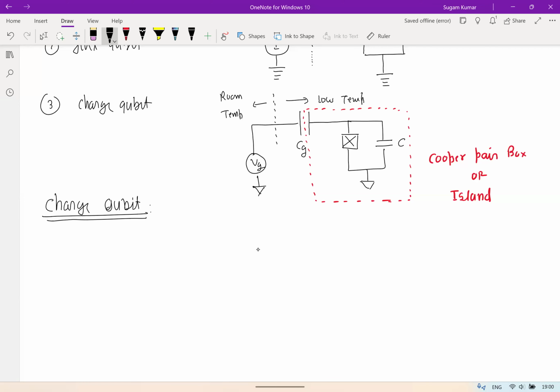Now see, in the charge qubit, first of all, I need to understand what this Cooper pair box is. So let us first try to understand this isolated Cooper pair box.